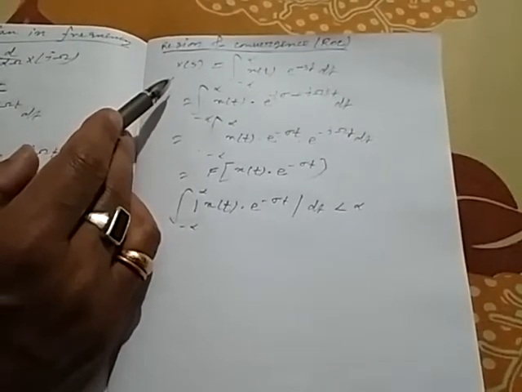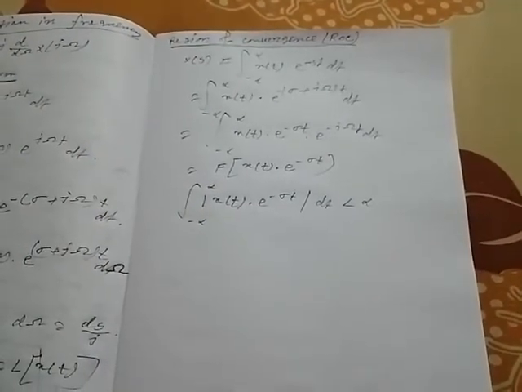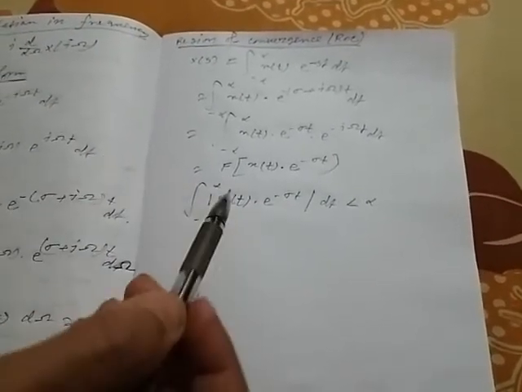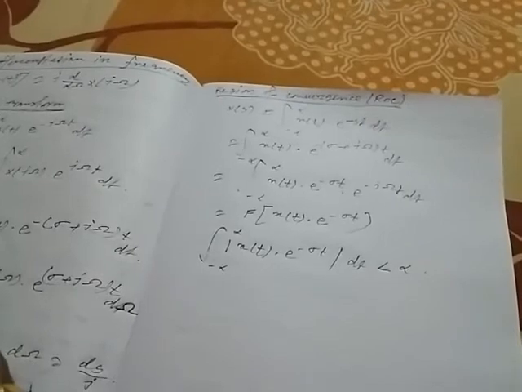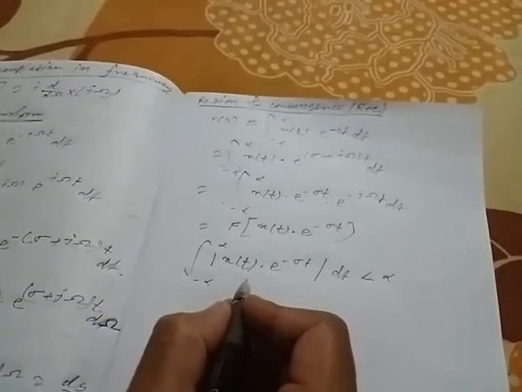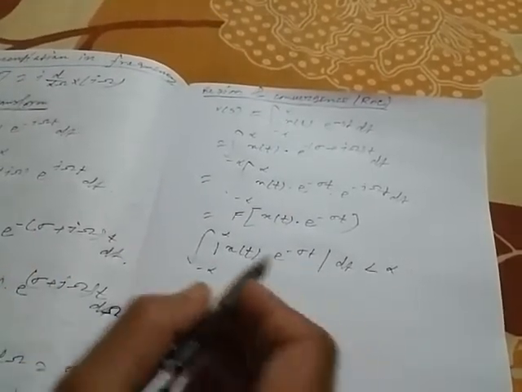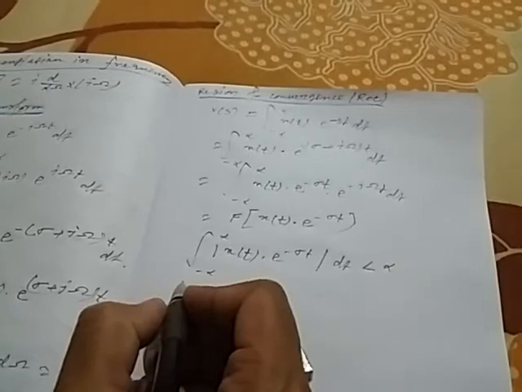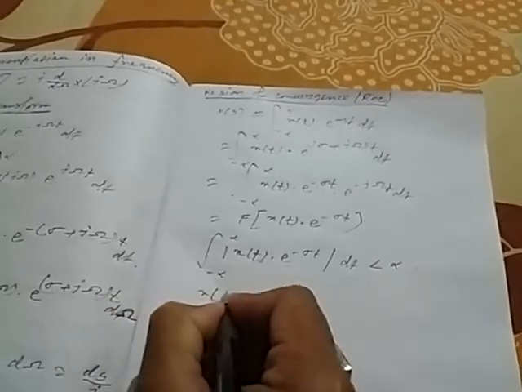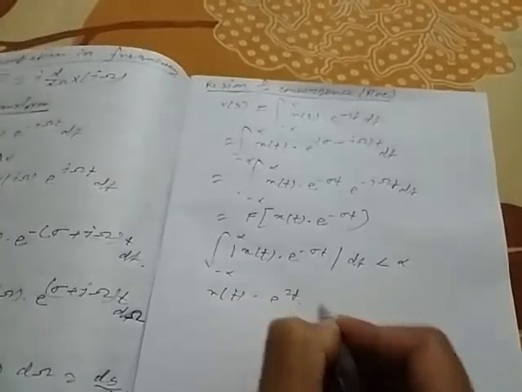Now we have to find out the range of sigma for which X(s) exists, right? Now see here, suppose x(t) equal to e to the power 2t into u(t).